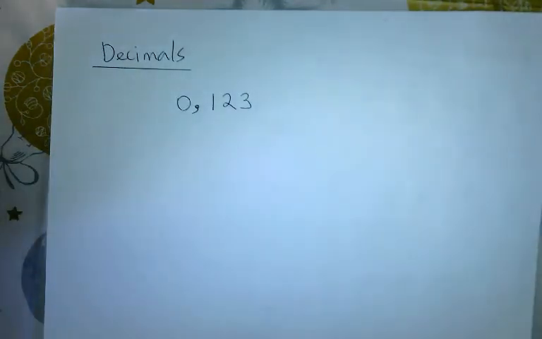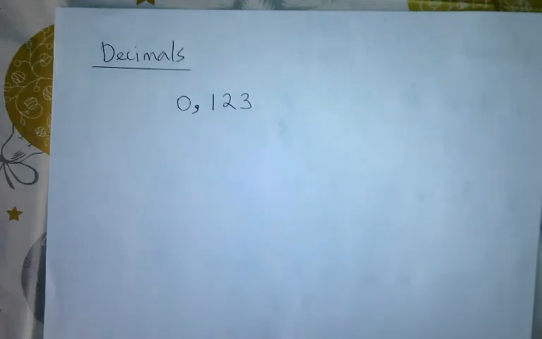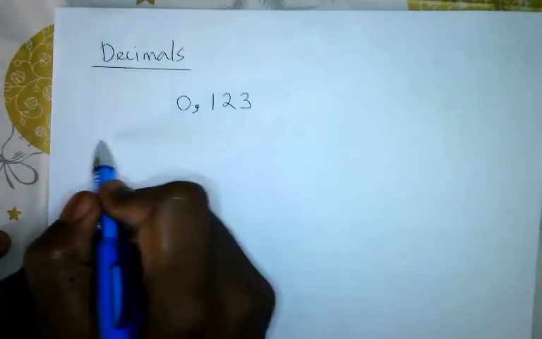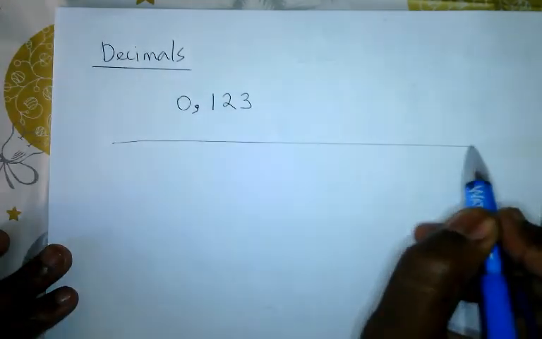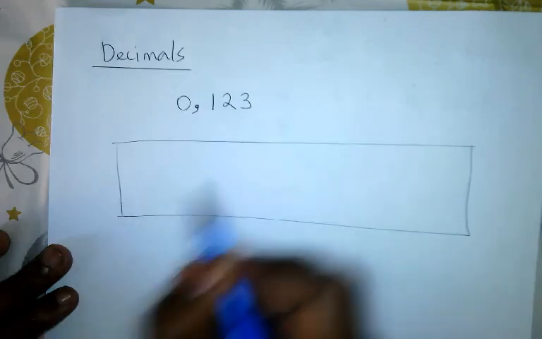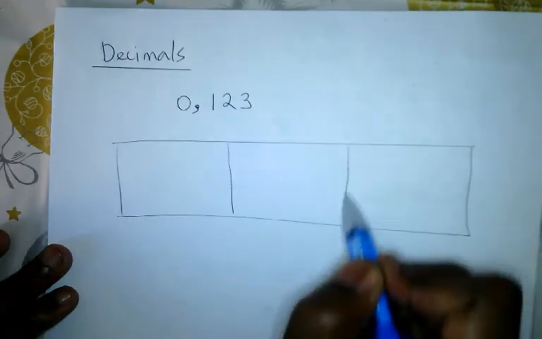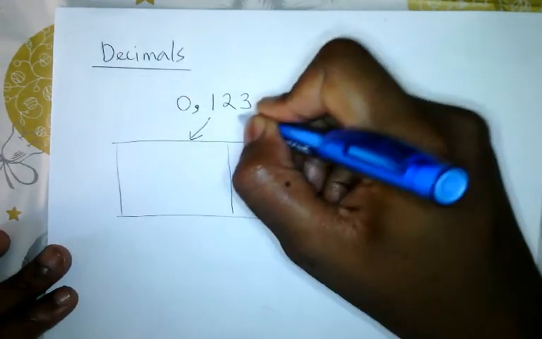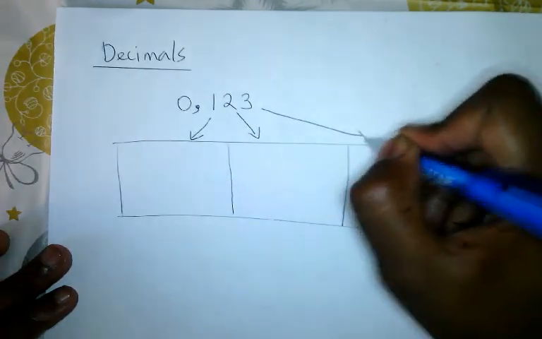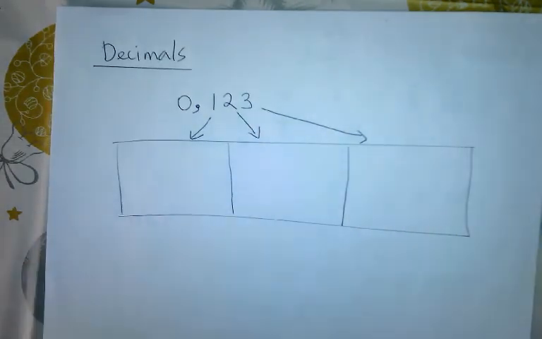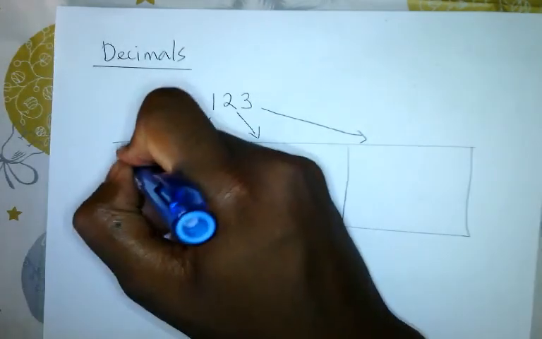So there are 2 ways that we can write these things. So I'm going to try to draw them here. So this one, I'm going to put it here. That one, I'm going to put it there. If it's 1 decimal, we will only have 1 decimal.